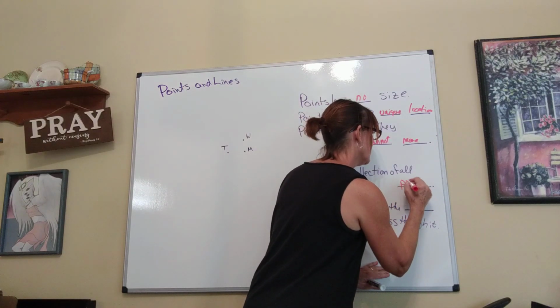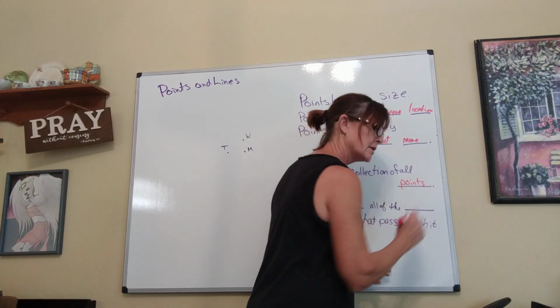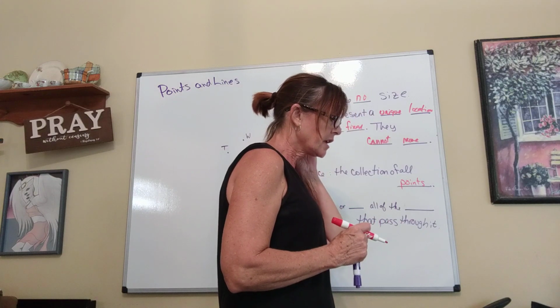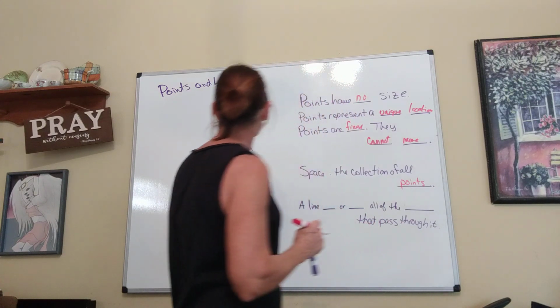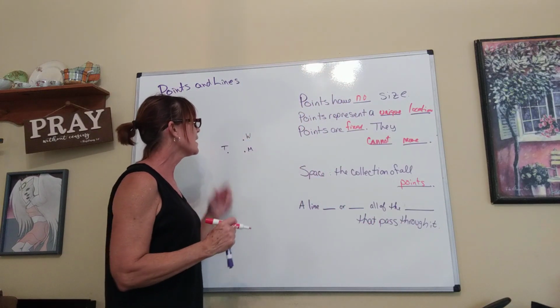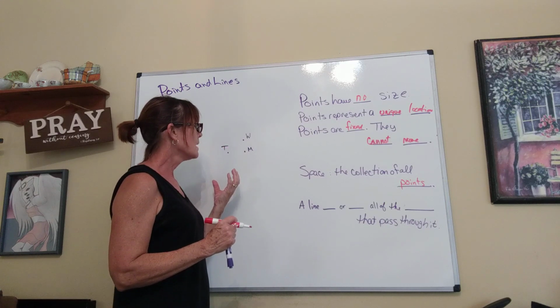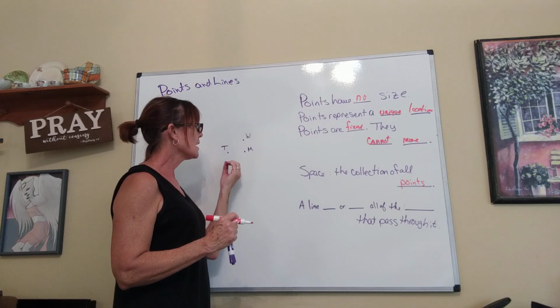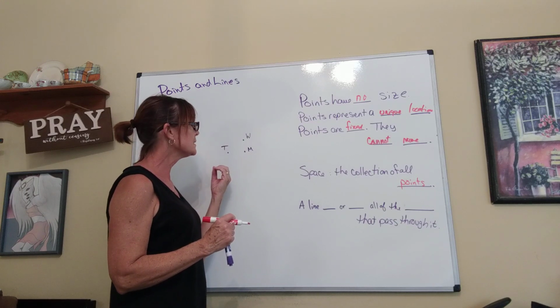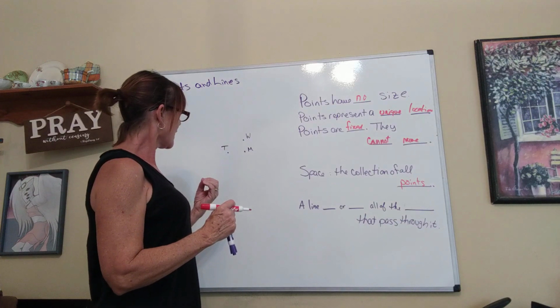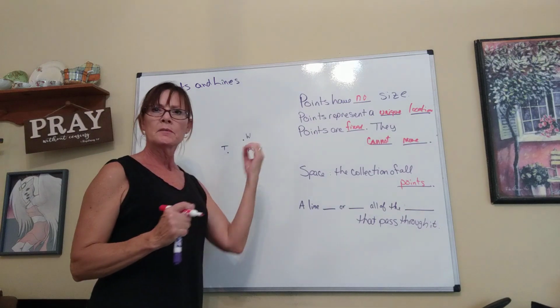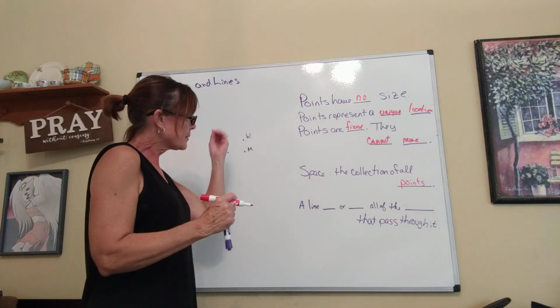So let me make sure I'm not missing anything. These dots are what points are represented by, the letters are what we name them, and they're stuck in space, and they don't swap places. Oh, and the size of that little dot matters not. It's just representing something.